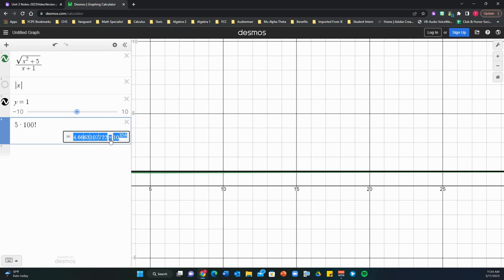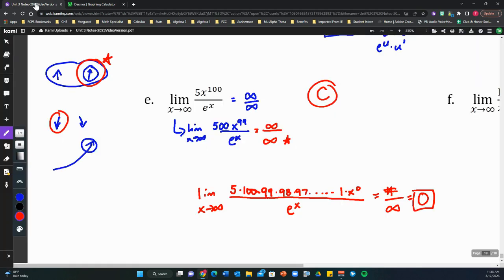It doesn't actually give me the number, because what it really is is 4.6 blah blah blah times 10 to the 158th power. That really means it's a 4 followed by 158 other numbers. That is a gigantic quantity, but still, it doesn't matter how big it is, because the bottom will continue to grow larger while that top stays as big as it is currently.